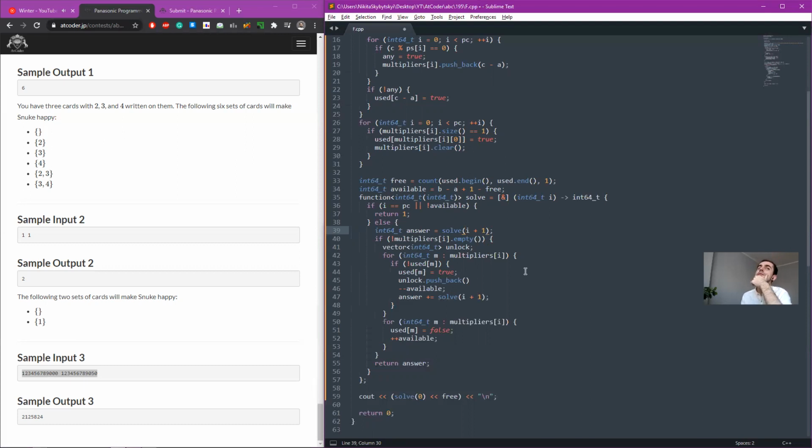I want to make sure that I take the first numbers that I can take, right? I'm going to loop over all numbers that I can take, if they possibly could have taken. If I can't take a number because it's not used, then I'm going to mark it as used.